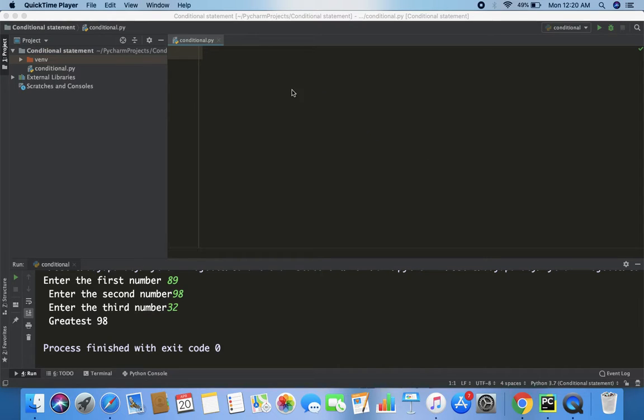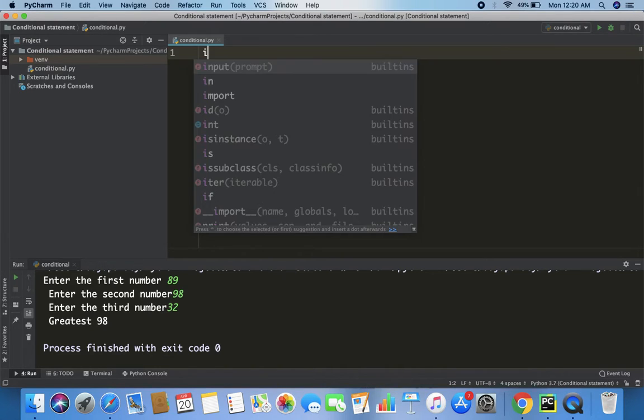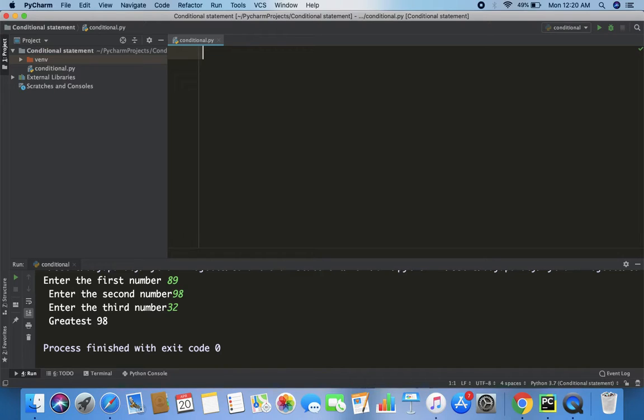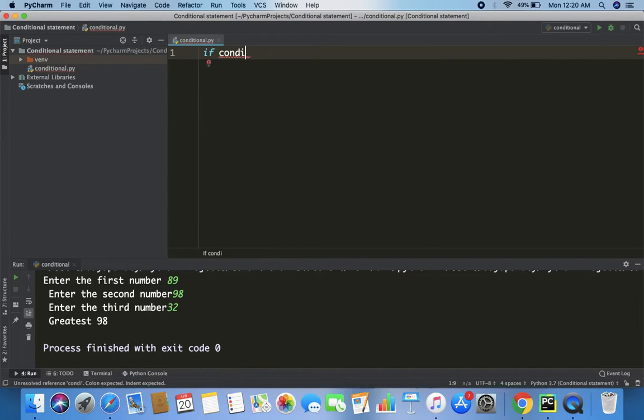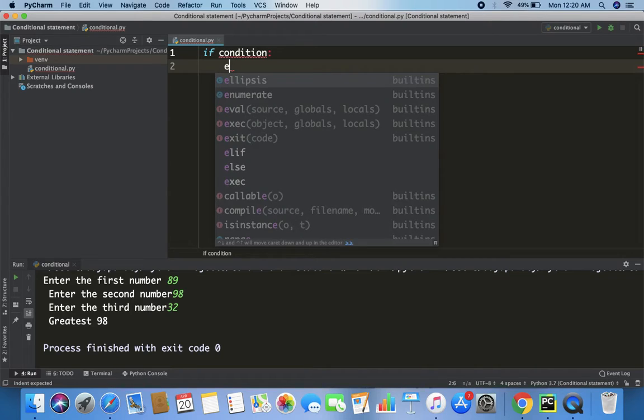Here I try to elaborate on the second part of the conditional statements, like the last video you saw. Here we are seeing the second part of the conditional statements, called the if elif. In the last video you saw only the if condition, else.